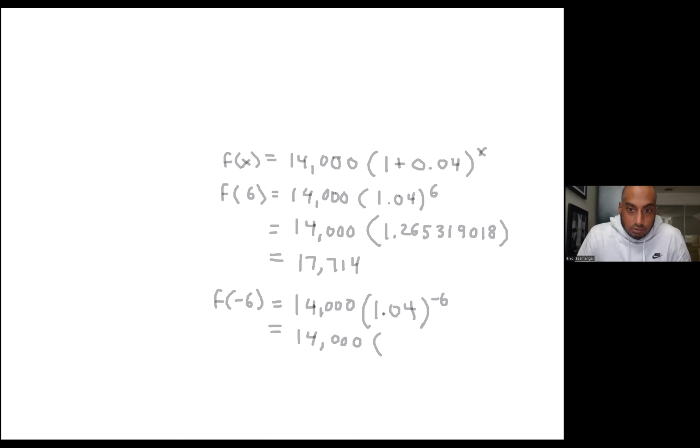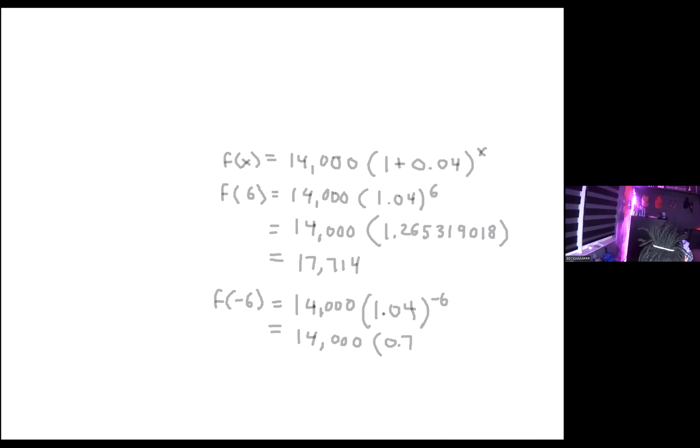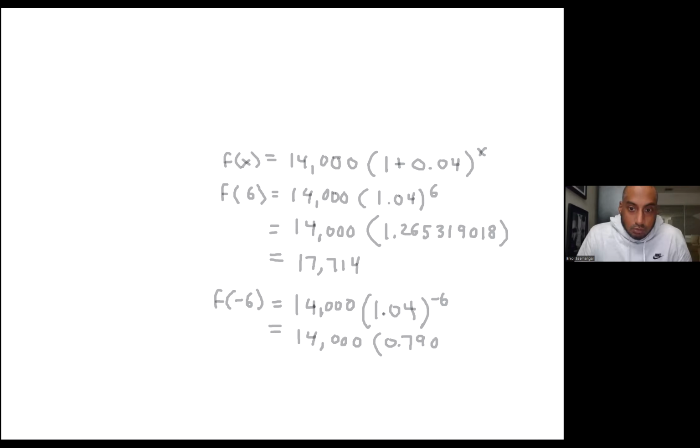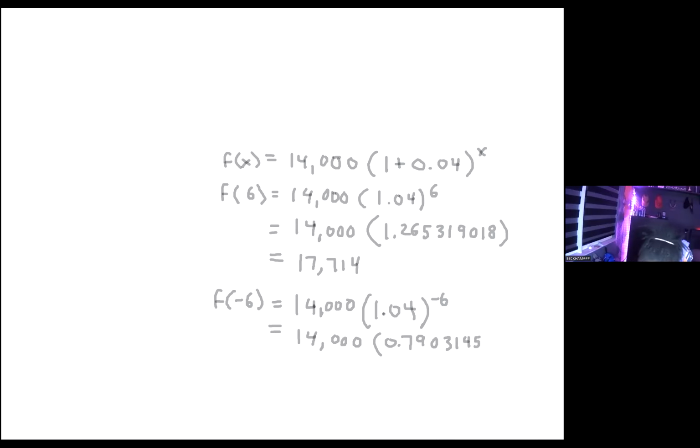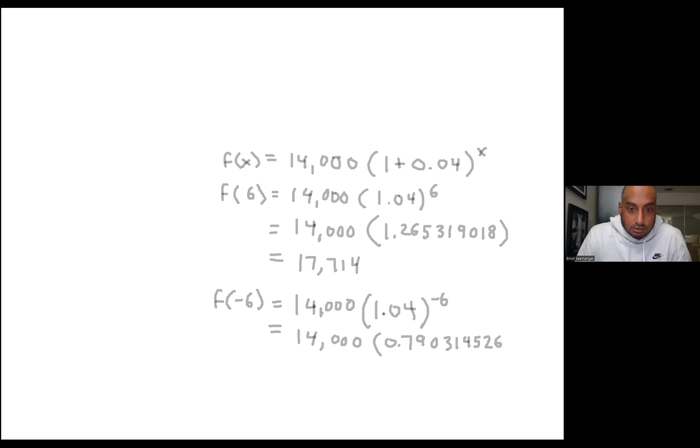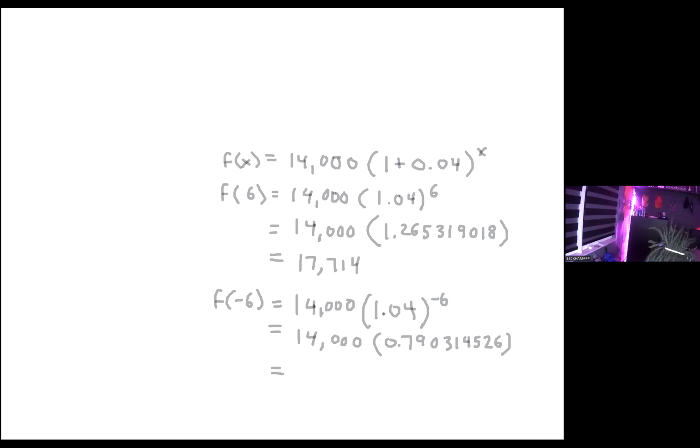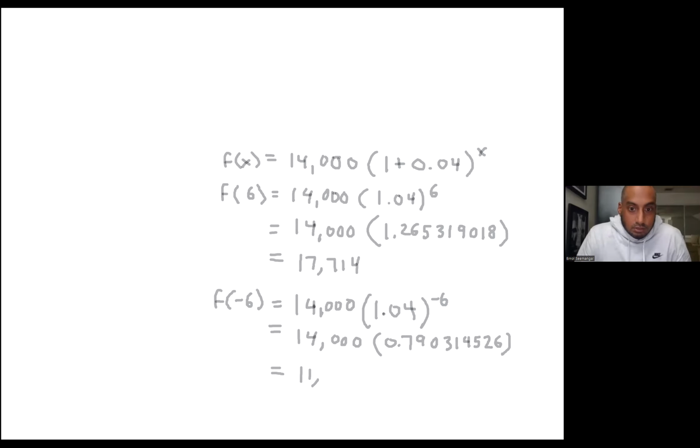What is it? 0.790 3145 26. Multiply that number by 14,000. Yeah, that makes sense, 11,000 something. What is it? 11,064.